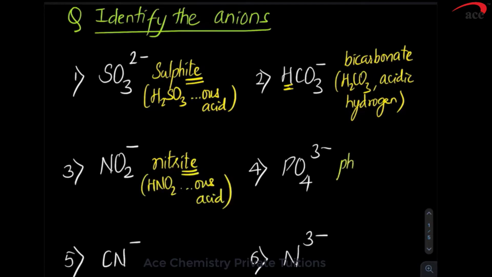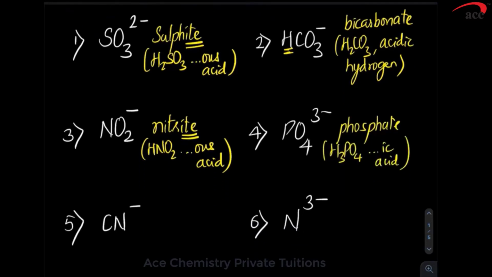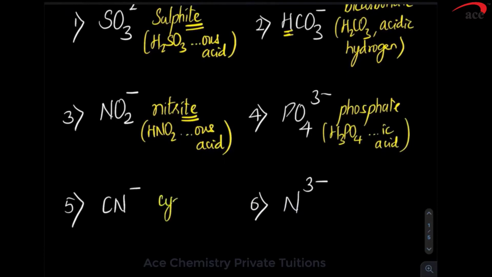Then this fourth one gets the name phosphate because it comes from phosphoric acid. What about the next one? It gets the name cyanide because it comes from HCN, which is called hydrocyanic acid.